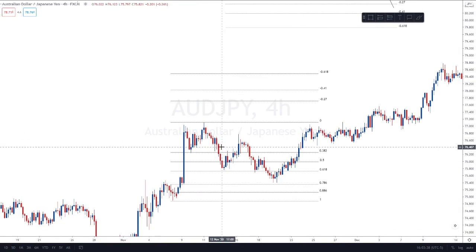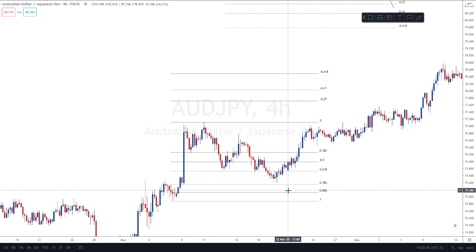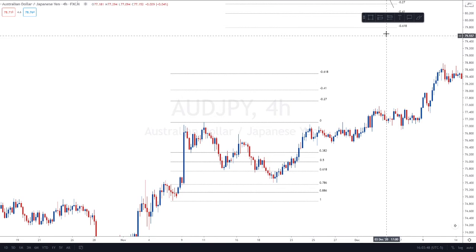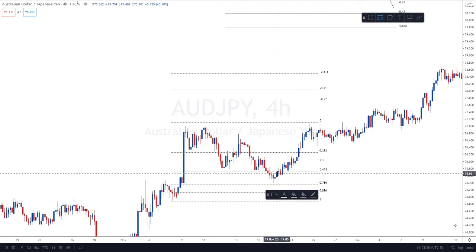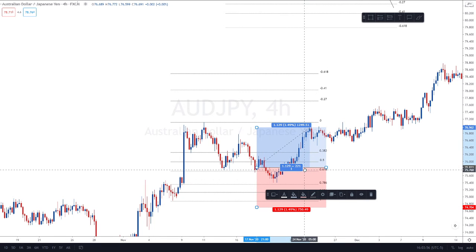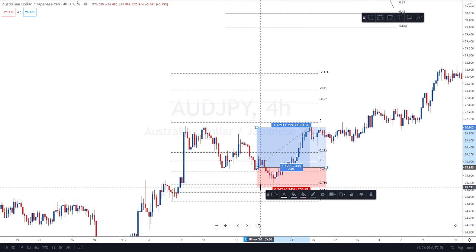We can see here price retraced down to the 61.8, slightly down to the 78.6, but didn't really get down to that area. You can see it came down to 61.8, and if it did give you an entry pattern, let's say it gave you an entry pattern over here, let's just imagine it did, our stop loss would be below the 78.6.